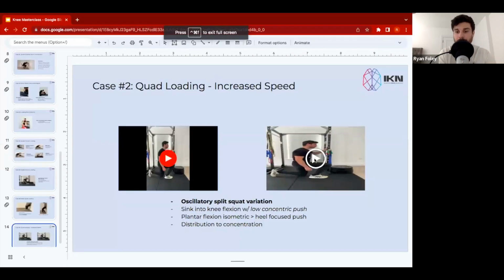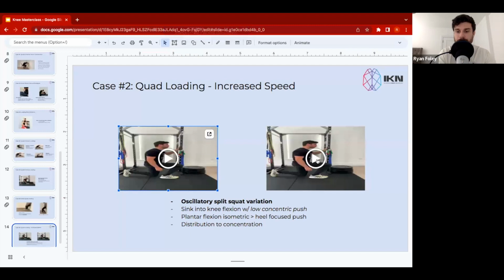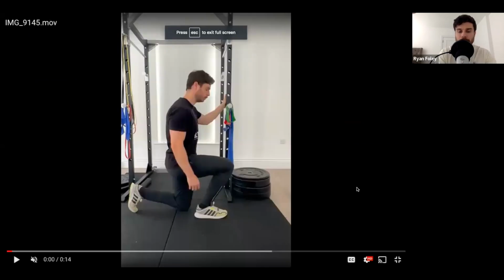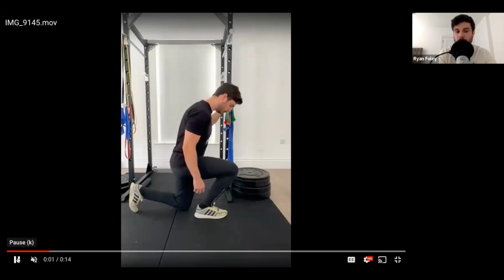But what I really want to get back to with a lot of these clients, especially post-op ACL, any kind of post-op knee, where there's been some inhibition through the quadriceps, for example, and they struggle to build muscle activity quickly at speed. I really want to get to this strategy here where we can do that, but with the heel crush, not with the metatarsal heads. We're trying to keep the metatarsal heads quiet in this one.